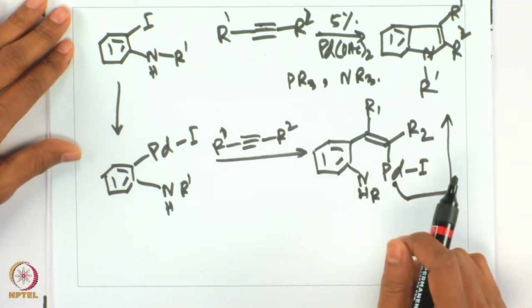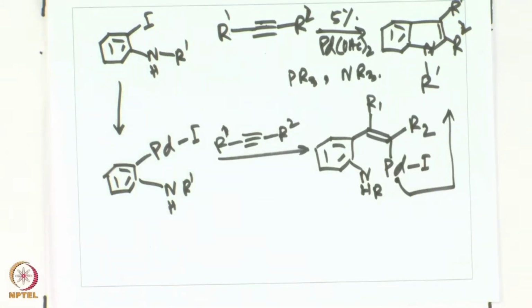Okay. Now, what we have seen right now is that if you have any iodoaniline, okay, 2-iodoaniline, with substitution at any position, and it is interacting with an alkyne in the presence of palladium, then we will basically be able to ring close this to give you the indole product. So, oxidative addition at the aryl iodide, then alkyne binding and beta migratory insertion, finally give rise to an intermediate where the carbon and nitrogen bond are very close.